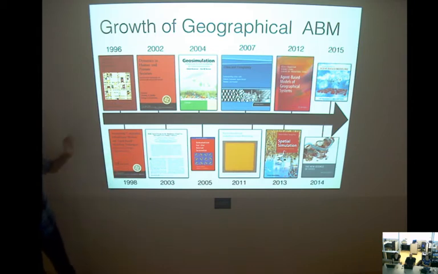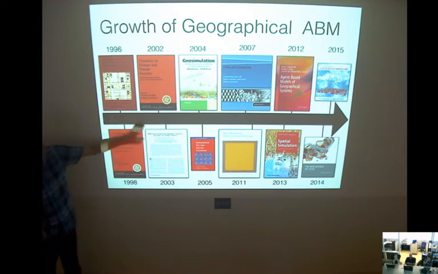I'm trying to tell a story of how we have advanced from the more traditional books, such as Growing Artificial Societies, or the one edited by Randy Gimblett from a series of workshops in Santa Fe in the early to mid-1990s. Integrating GIS into agent-based models has moved on over time.